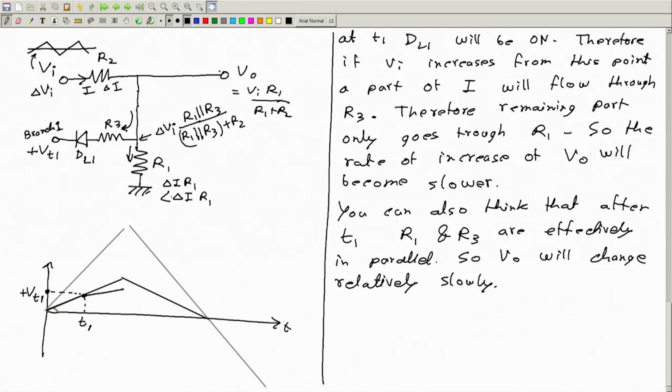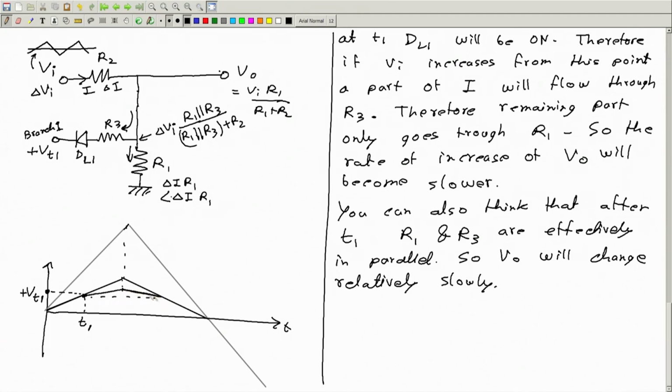Okay, so I hope I have convinced you of this fact that because of this arrangement, this diode and this resistance, the voltage was initially increasing fast when the diode was off, but now after this moment the voltage will increase slowly. And similarly, when the input is decreasing, the output will also decrease in a similar way.